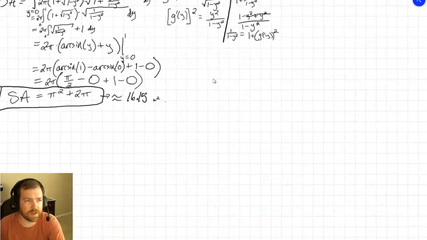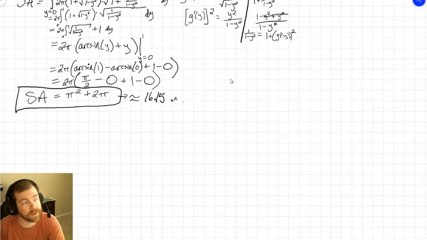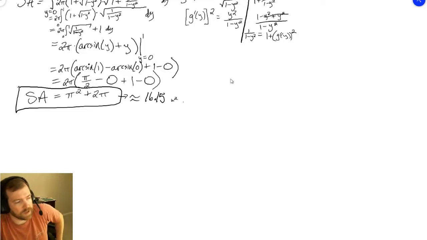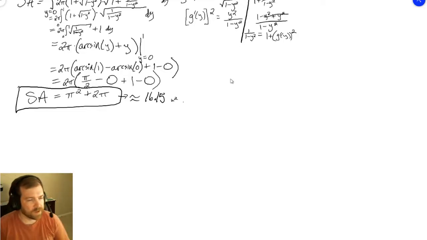So unlike disk, washer, or shell methods, which you can do either as long as it works out in the end, this one, because you're doing an infinitesimal frustum as your infinitesimal piece, really needs to be oriented in the correct direction.